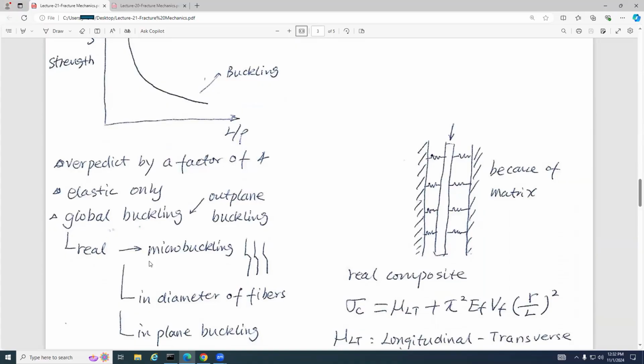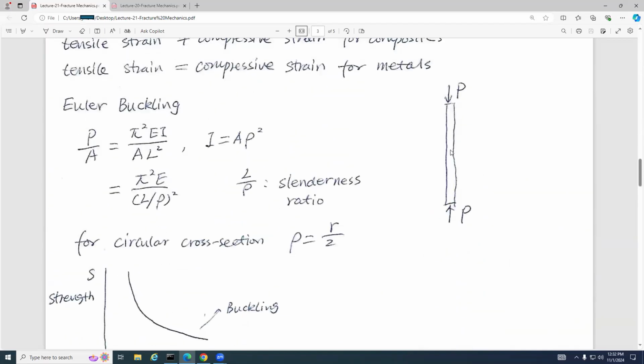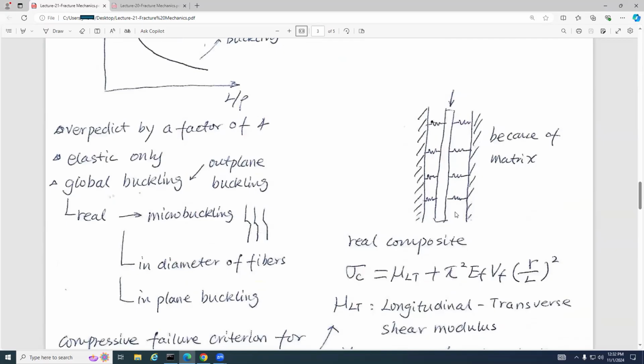Okay, so this is buckling, and this beam does not have support. For a real composite, if we put the fibers inside the matrix material, we suppose the fiber is supported by the matrix material.